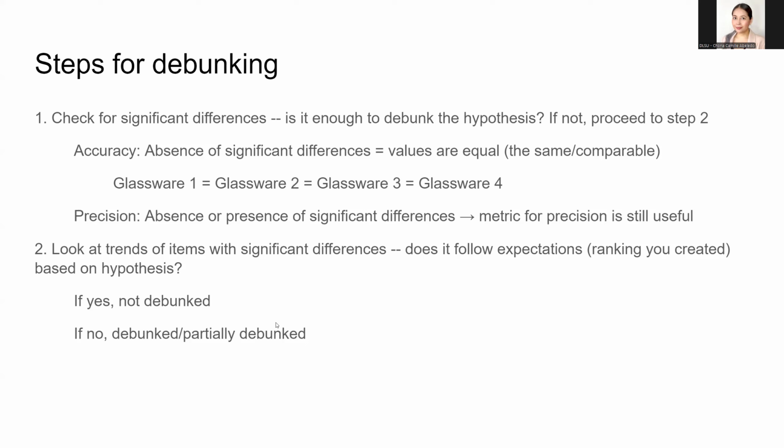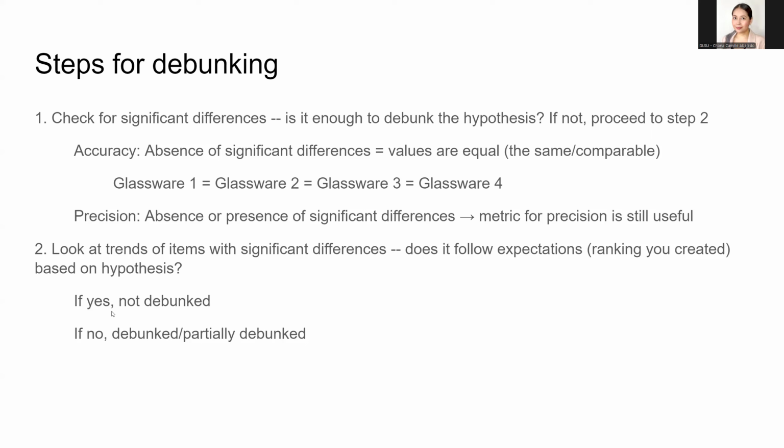So let's say your hypothesis states that the smaller the maximum volume, the more accurate. Then your ranking would be the 1 ml pipette would end up being the most accurate, followed by the 5 ml pipette, followed by the 10 ml grad cylinder, followed by the 50 ml beaker. Nasusunod ba nun yung ranking mo?